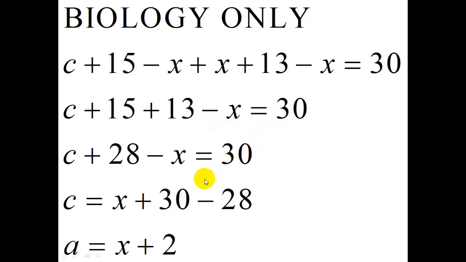And here we are making c the subject. So c will be equal to x, that is minus x becomes x on the right-hand side, and we have 30 on the right-hand side, and plus 28 becomes minus 28 on the right-hand side. So we have x plus 30 minus 28, which is 2. That means that c will be equal to x plus 2.